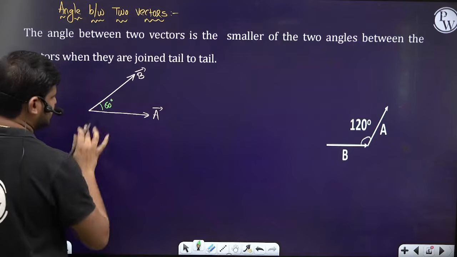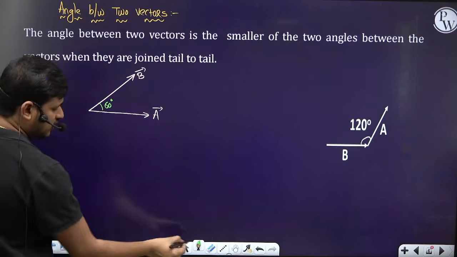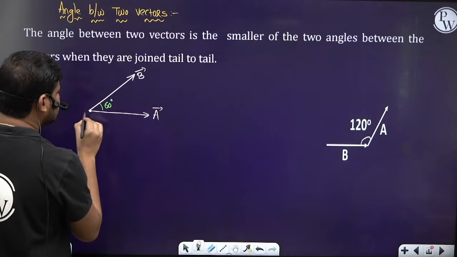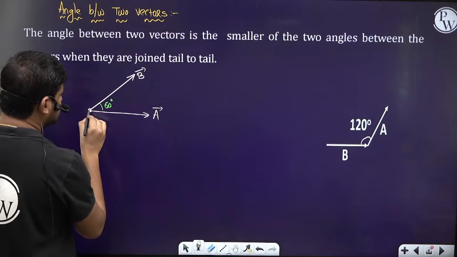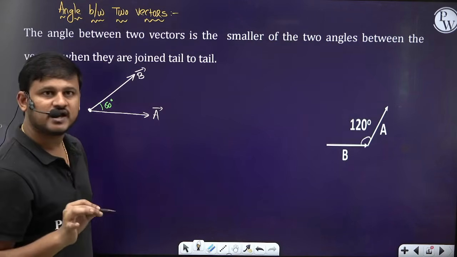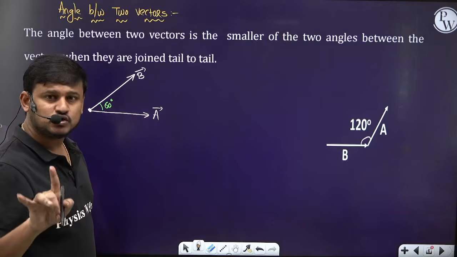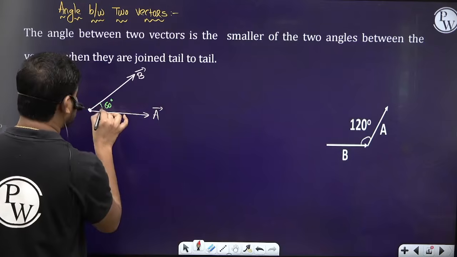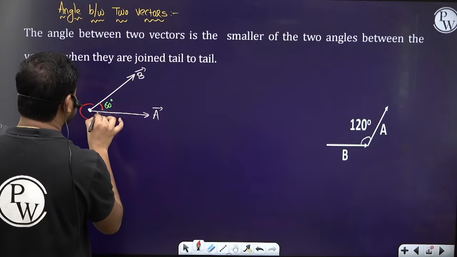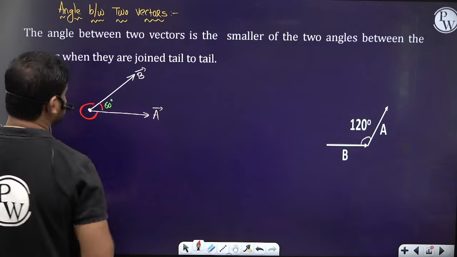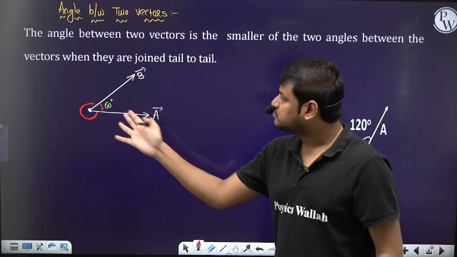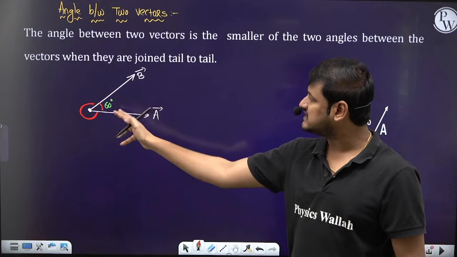If you observe, the tail of vector A is connected with the tail of vector B, so these two vectors are connected tail to tail. Then there are two angles, right? One angle is this, and the other angle is this, which is 300. Now which angle should I consider as the angle between those two vectors? The smallest angle, that's what I wrote here.